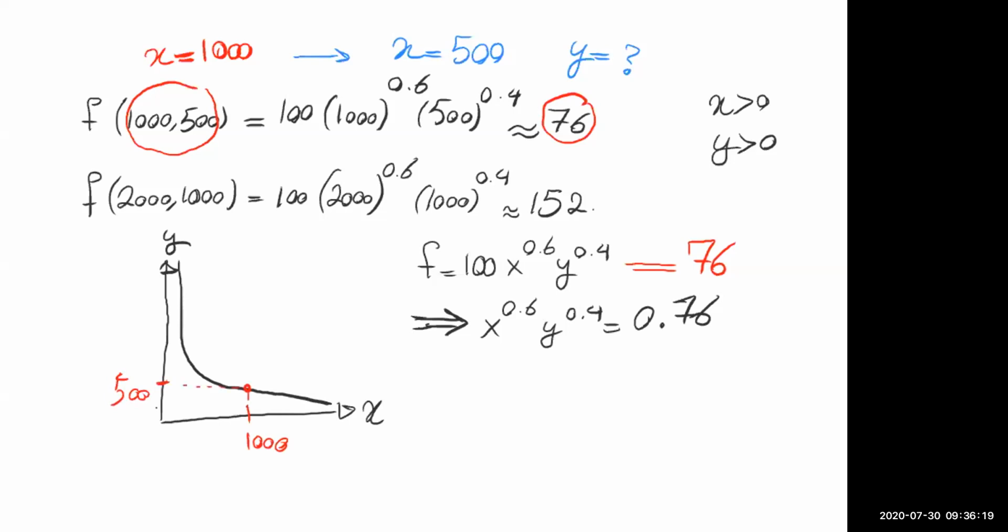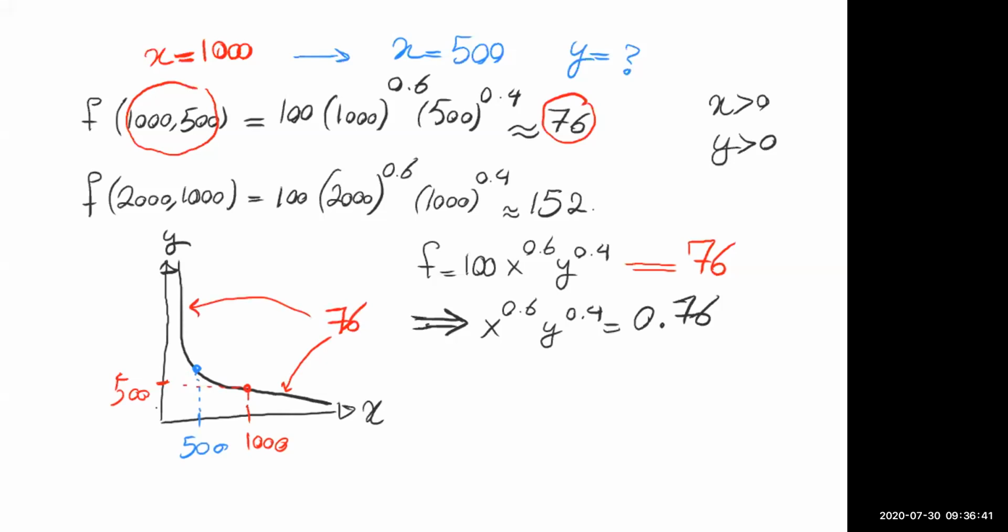So for example, if you want the number of units of labor to be 500, you should see what the same point is on this curve, where the production is, say, 76. For all these x and y's on this curve, the production is 76.